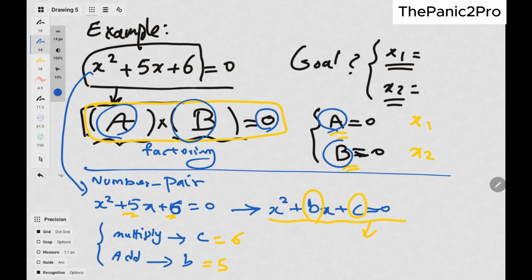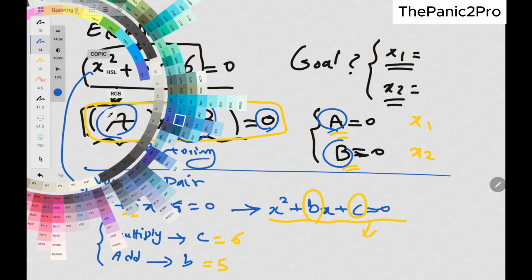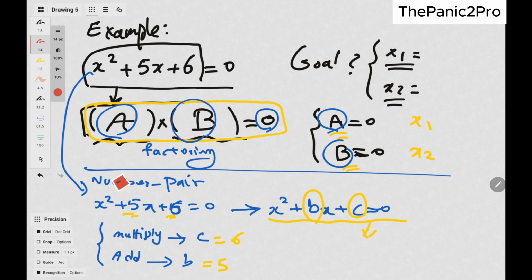Now let's say I need two numbers that if I multiply them, I get 6, and if I add them, I get 5. By some trial and error, you can get to 2 and 3. If you multiply 2 and 3, you get 6. If you add them, you get 5. So these two are the keys for me, right?